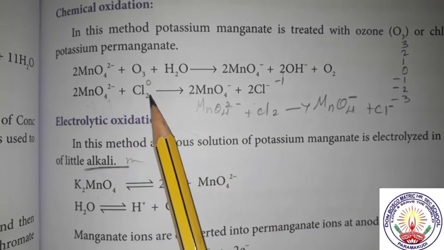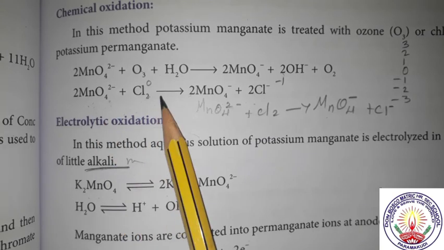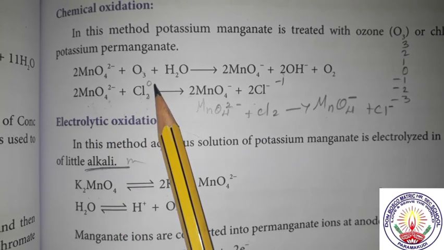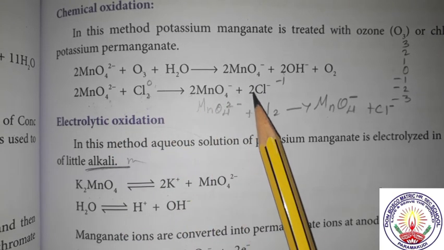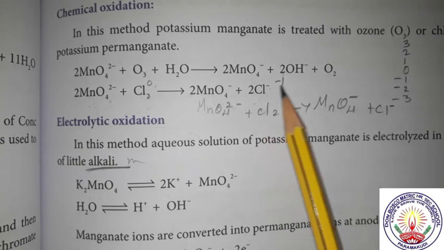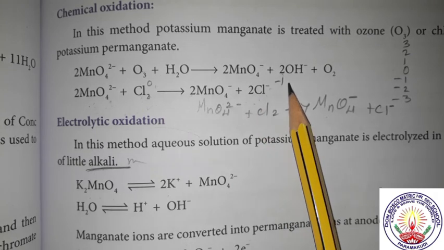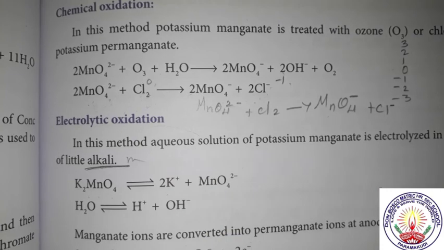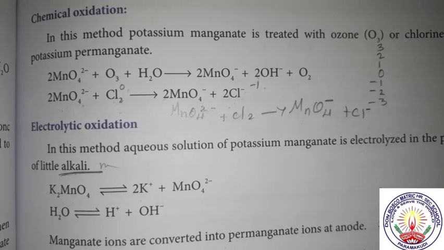Now we shall see oxidation using chlorine. Now the oxidation state of Cl2 is 0. Here the oxidation state of Cl minus is minus 1.